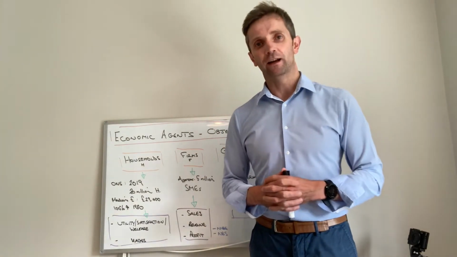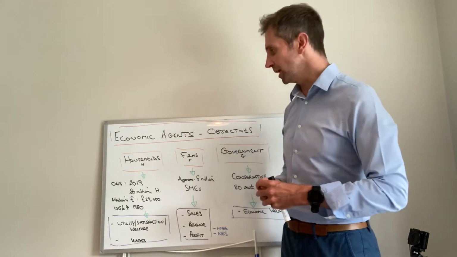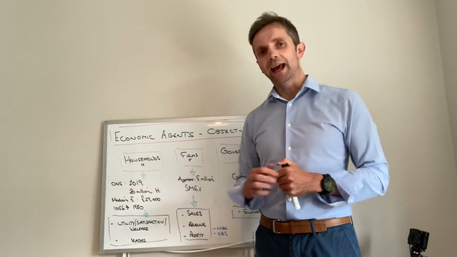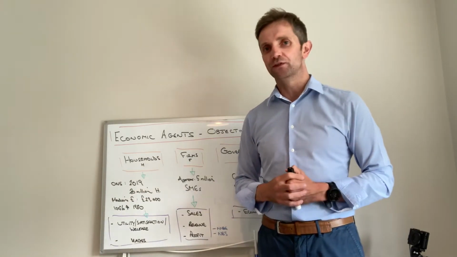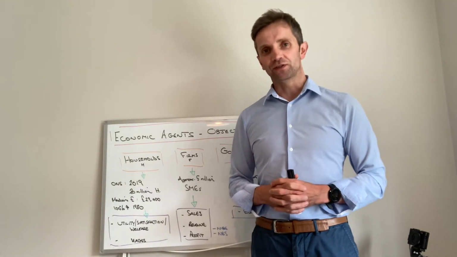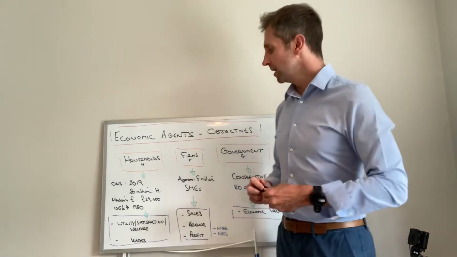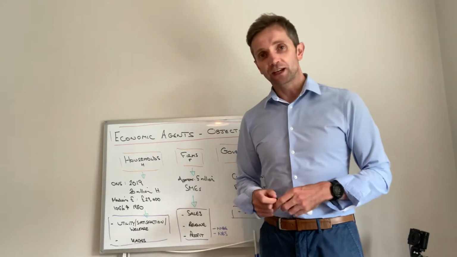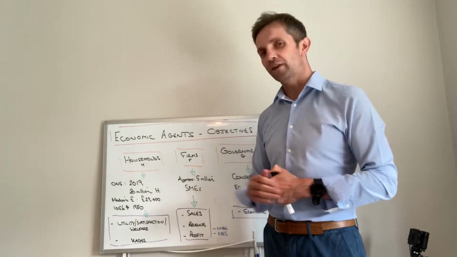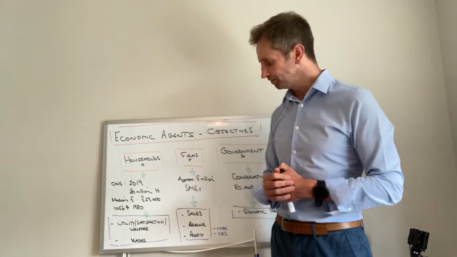Before we get into their main objectives, let's just give a little bit of background, a little bit of context for each. So in the UK, I've been checking on the ONS website, so that's the Office for National Statistics. Those of you who are maybe just embarking upon your GCSE economics, that might be something new to you. ONS, Google it. And in 2019, according to the ONS, there were about 20 million households in the UK.